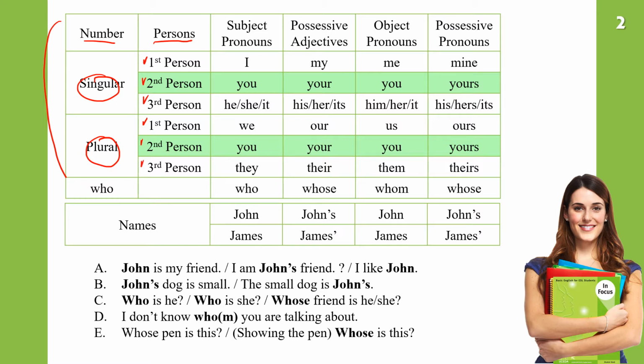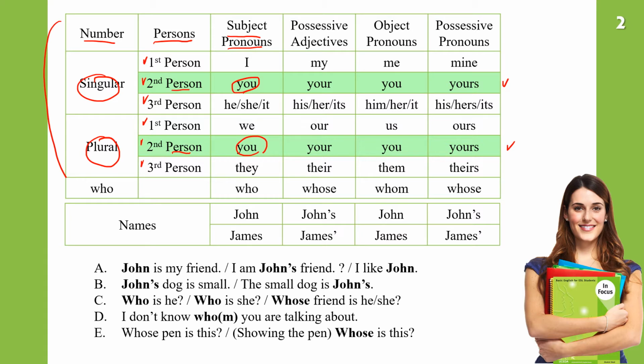The reason you have green marks on the second persons is because whether it is singular or plural, all the forms are identical. So I'm just telling you that you need to figure out whether it's singular or plural in the context.